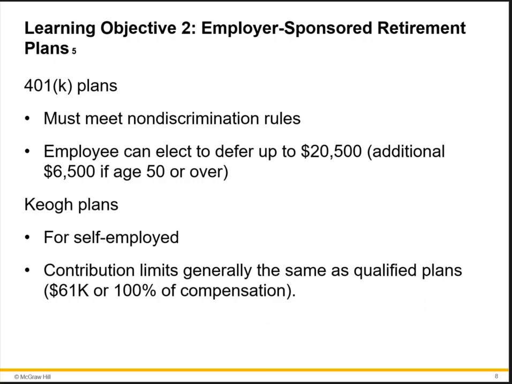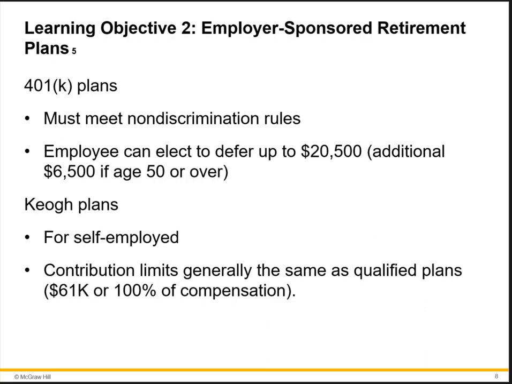If you just say everybody gets 5%, okay, then that's obviously not discriminatory. But if you say, for instance, that we are going to match, so if you put in 5%, we'll match that, but if you put in 0, we're going to put in 0.